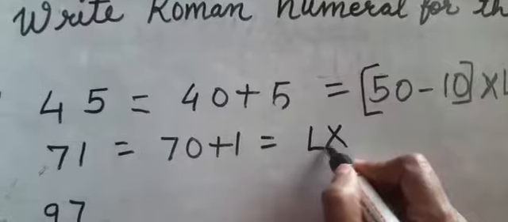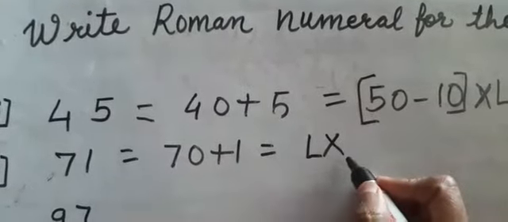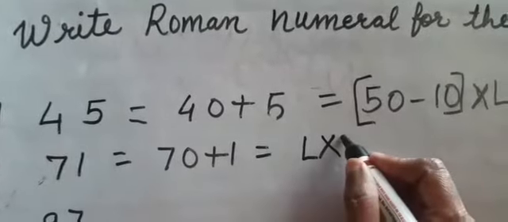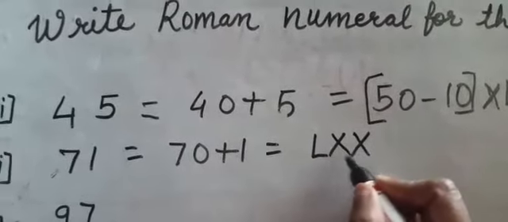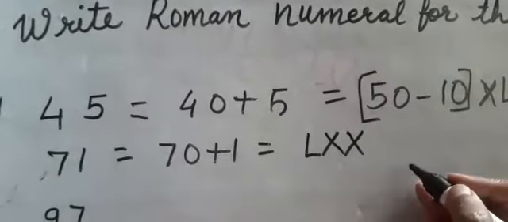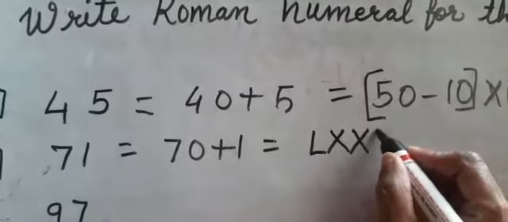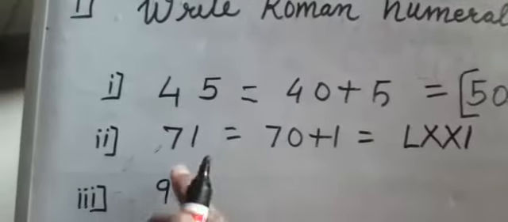If I write X, it will be added. LX has value 60, but I want 70, so I write X one more time. Now LXX shows 70, and for 1 we have the sign I. So LXXI shows value 71.